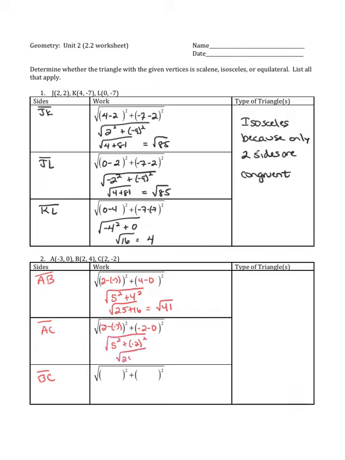Square root of 25 plus 4, square root of 29. Last one, BC. A little less room on the paper, but it'll work. 2 minus 2 squared plus negative 2 minus 4. Well, this is 0 squared plus negative 6 squared. Square root of 36 equals 6. All three sides are different, so this is scalene.